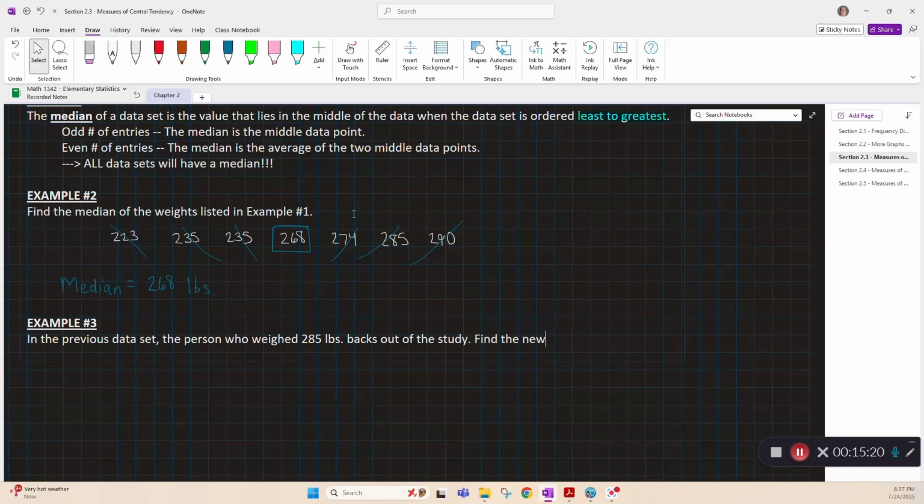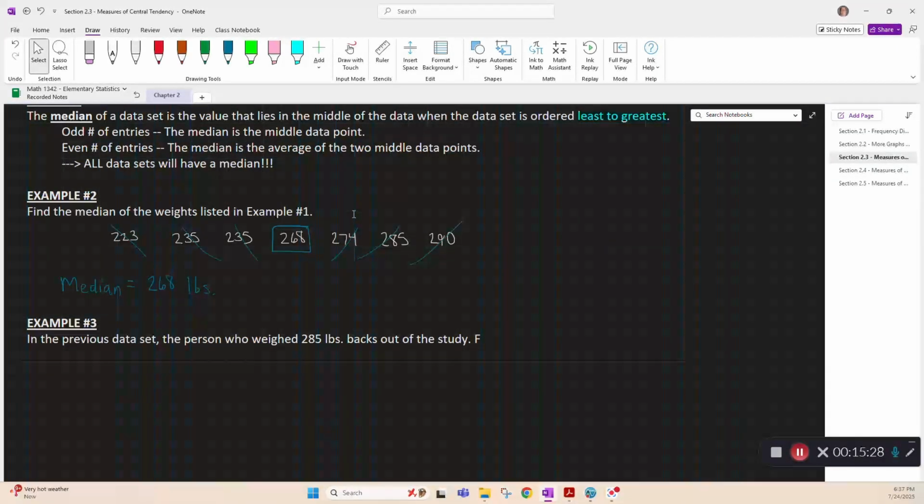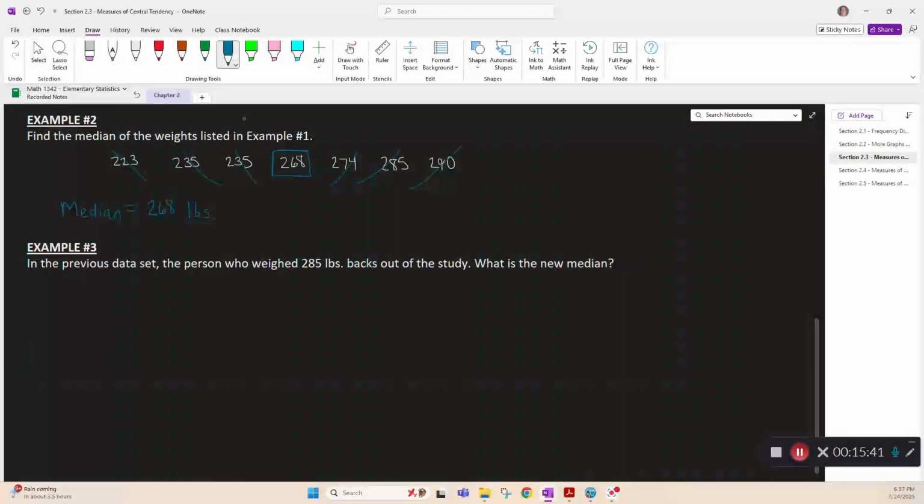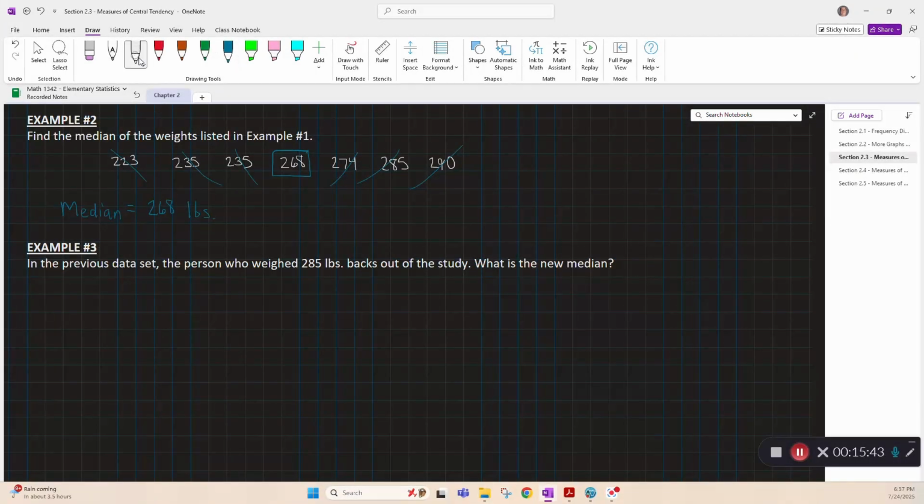Find the new median. Or let's word it a bit. Same thing, but what is the new median? There we go. Okay, well, same process.